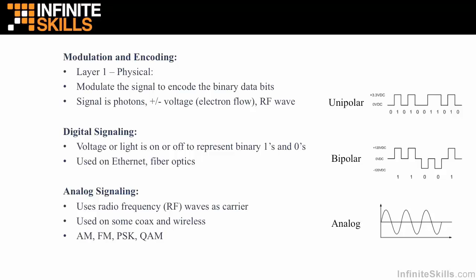So with an Ethernet network, we use plus 3.3 volts DC to represent a binary 1, and 0 volts, or the absence of voltage, to represent a binary 0. And I can use this 3.3 volts to modulate the voltage from 0 to 3.3 volts to encode my binary 1s and 0s.